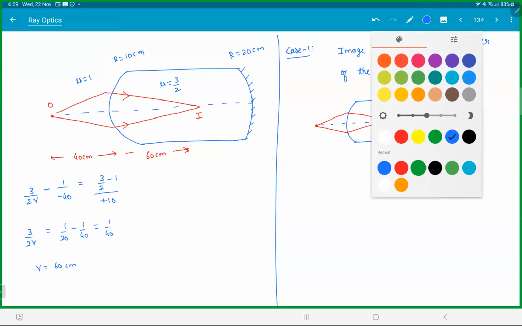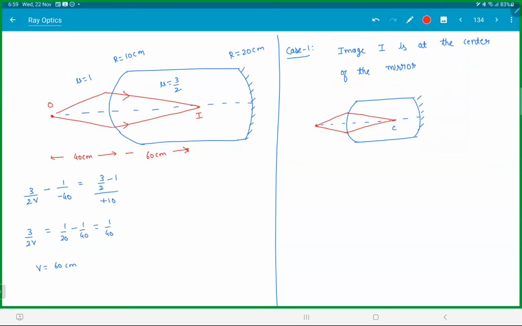If the light rays fall on the center, what will happen? They'll hit the mirror along the normal, they will retrace the path, and they'll come back and form the image again. So basically, light rays will retrace the path. How much is this distance? 20 centimeters, the radius of curvature. How much is this distance? 60 centimeters, we just proved. Therefore, x is equal to 80 centimeters. This is one option.